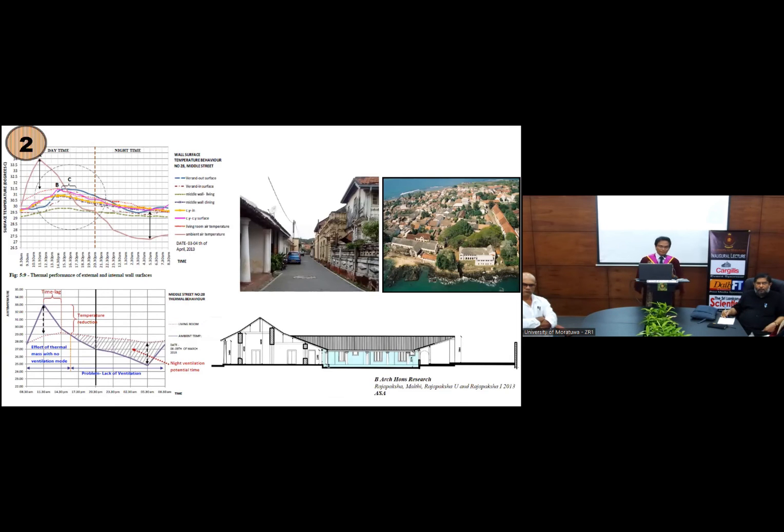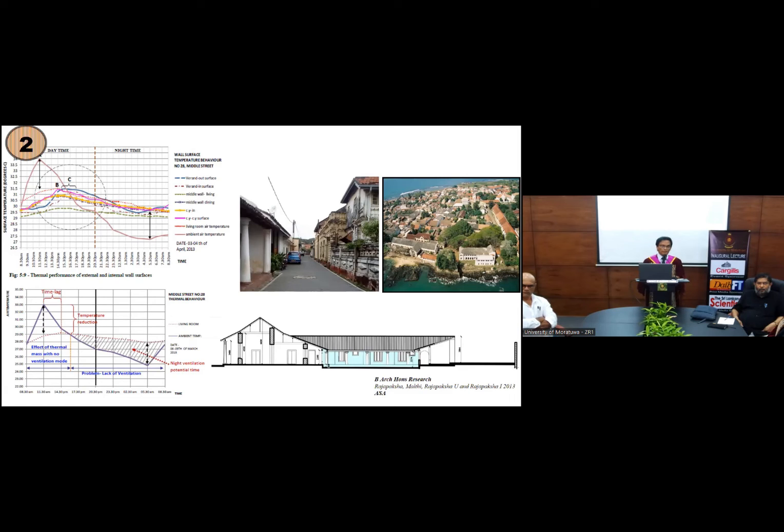Then another work by one of our bachelor students for a research dissertation investigated several houses in Galle. In Galle, the houses are built with adobe rammed earth, and they are compact houses, and even these forms work well with the climate because of the thermal mass.